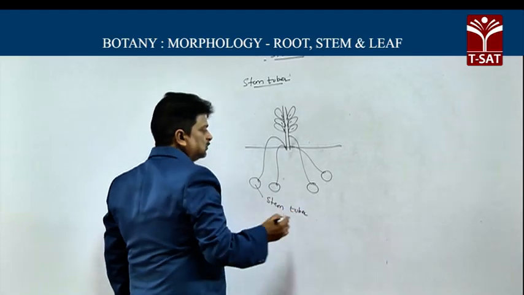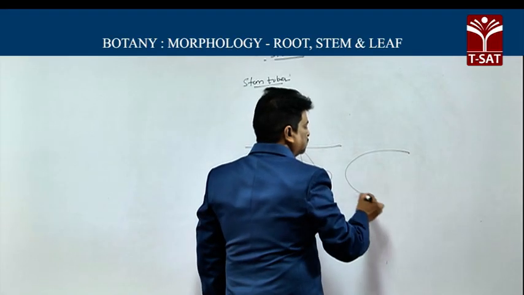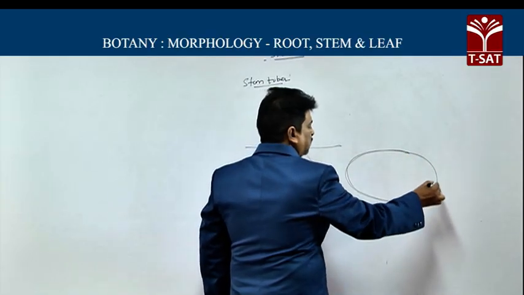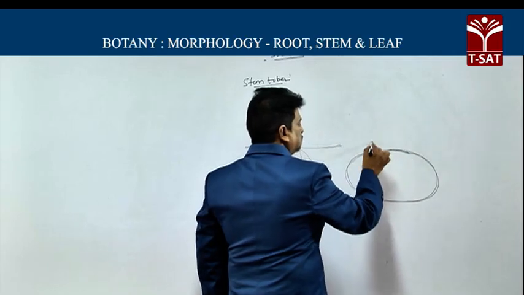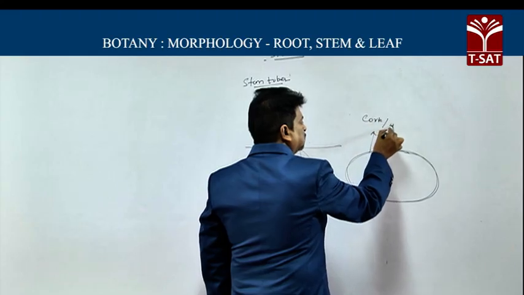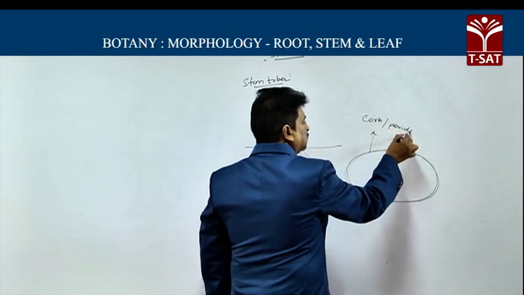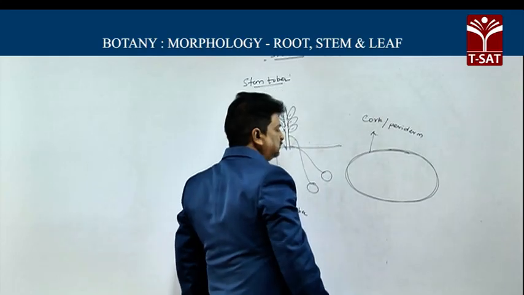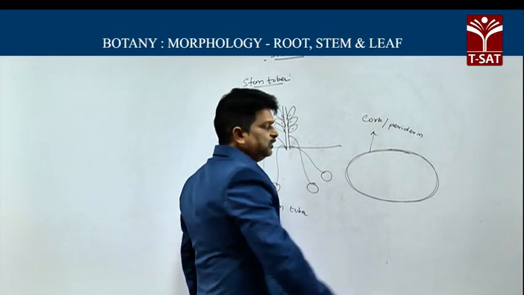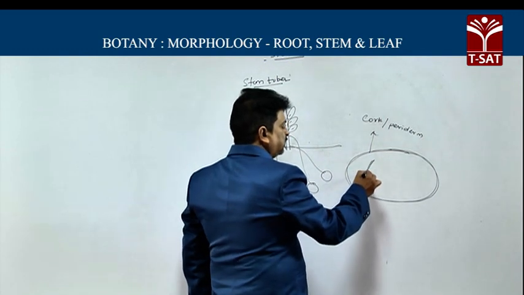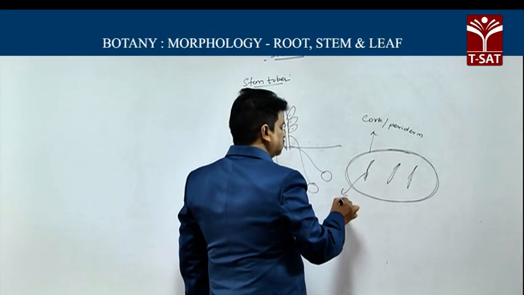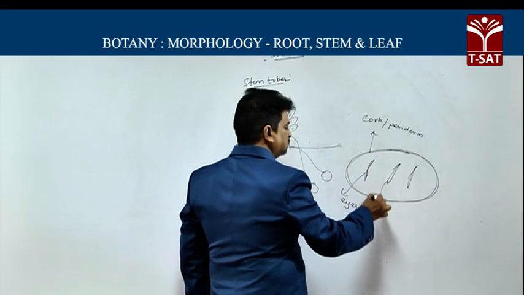The structure of stem tuber: the stem tuber is covered by a dead layer. Rightly, this dead layer is called cork, or periderm. This cork contains numerous eyes.